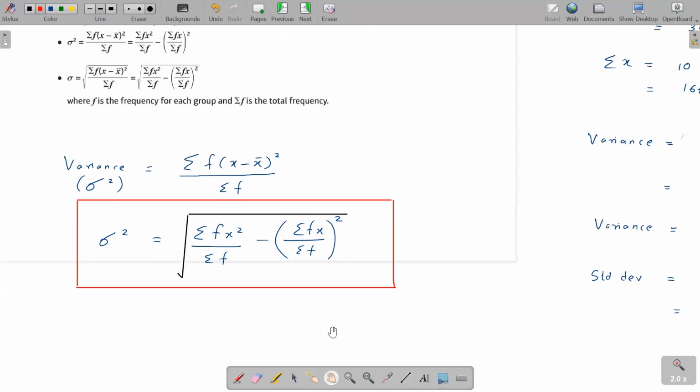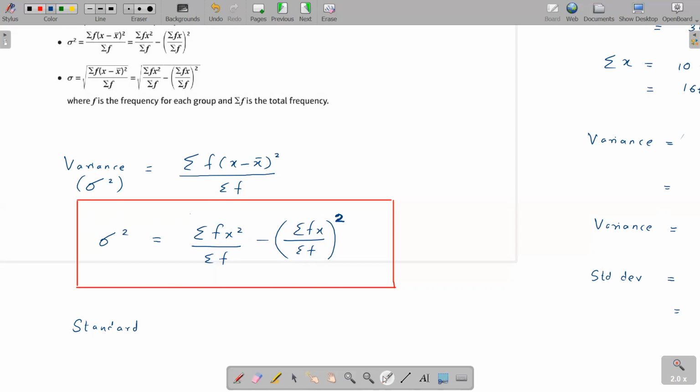Sigma square does not have the root; that is the variance. Sigma square is sigma fx square over sigma f minus sigma fx over sigma f whole thing square.